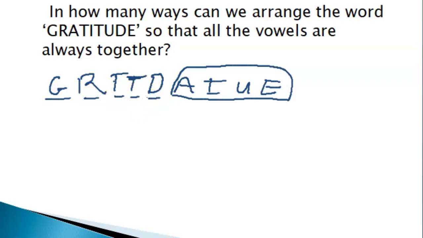So let's view it as 6 characters. All right, so we have 6 characters. We say A, I, U, E must always be together, so we view it as 1 character. It must always be together wherever in the arrangement they are.